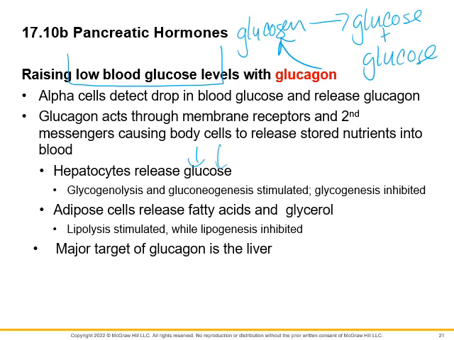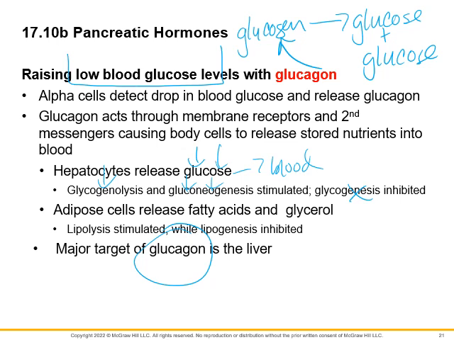And we're going to dump that glucose into the bloodstream. We're going to do glycogenolysis, glycogen breakdown. We're going to create glucose from non-carbohydrate sources. We're going to stop storing glucose. The major target, what we're going to focus on for glucagon, is the liver.